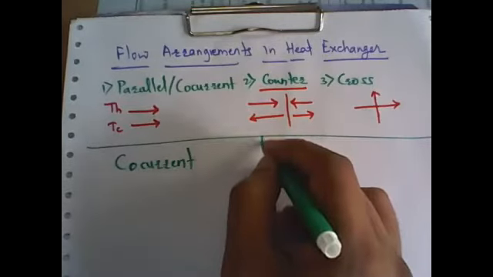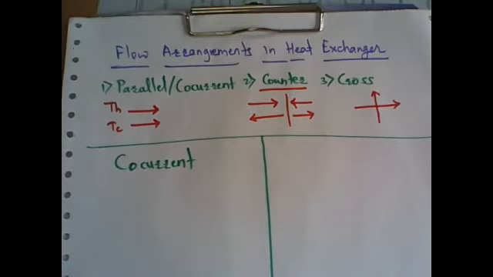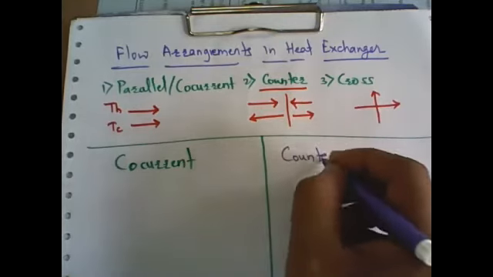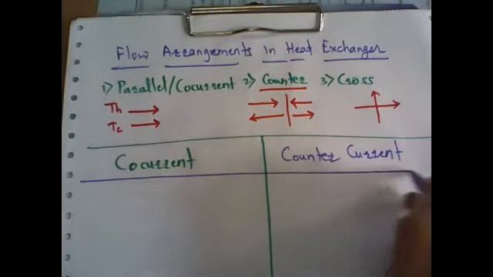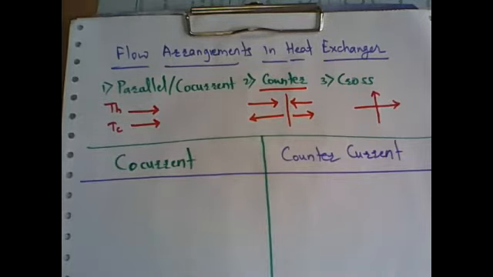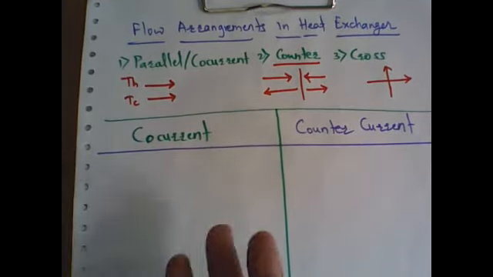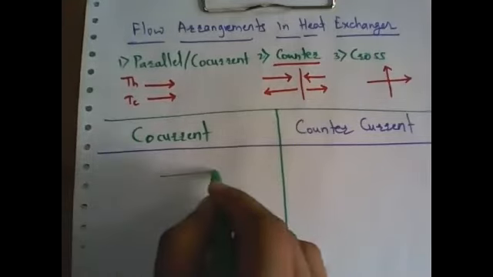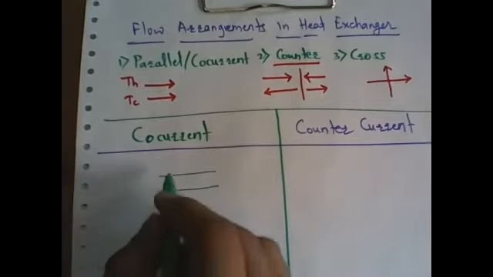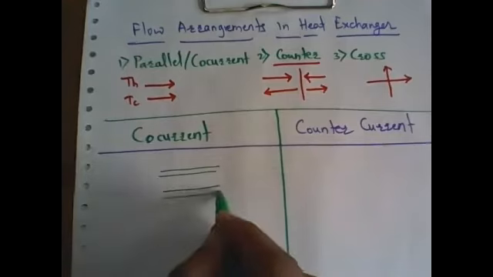If I consider this as co-current, and this as counter-current, the simple phenomenon, you can draw the schematic for this purpose, or you can simply show the direction of the fluid. For example, for the schematic diagram, you can refer to a double pipe heat exchanger or shell and tube heat exchanger, and you can draw the schematic like this, right?